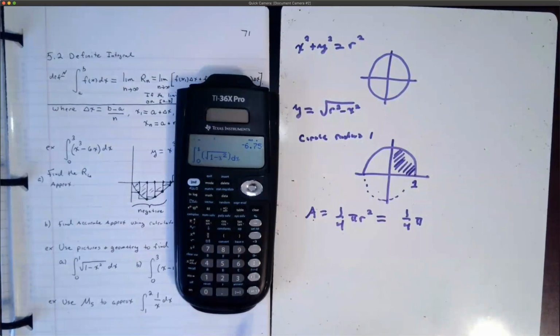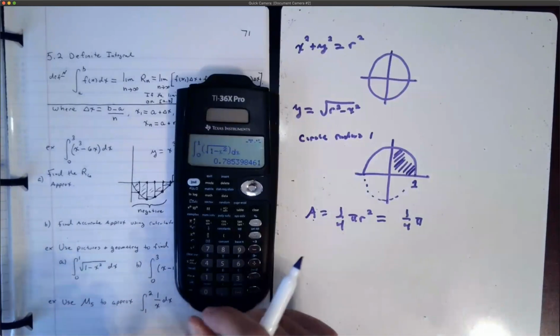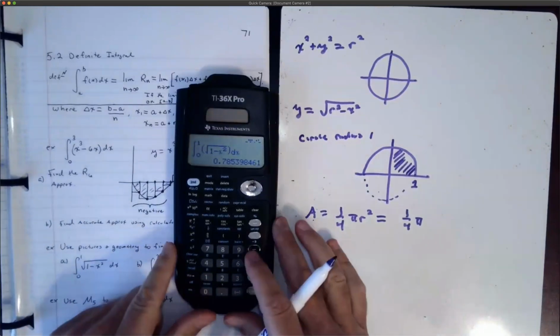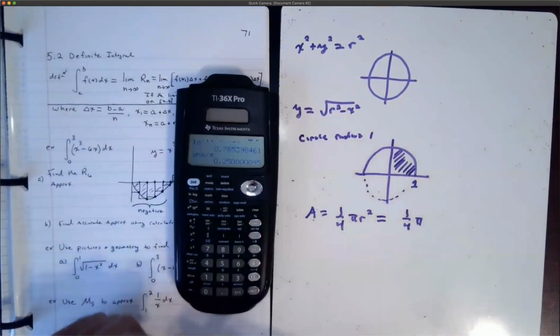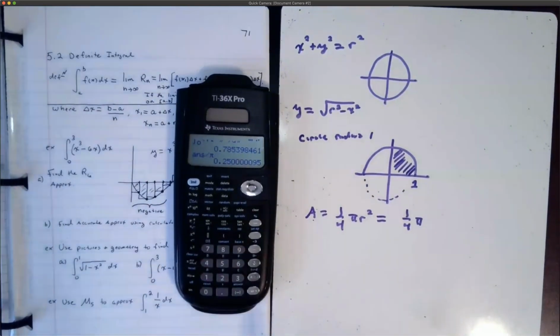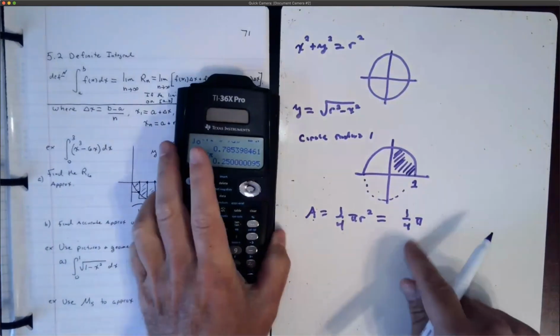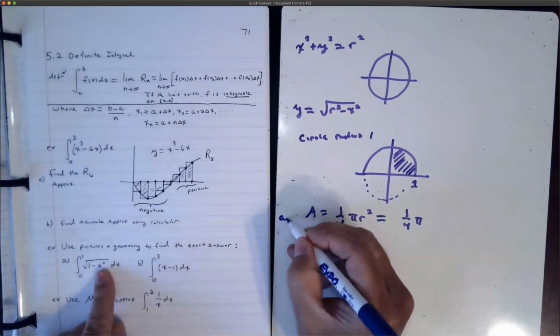There are different methods, but it might be finding the area of millions and millions of little rectangles or something similar to that. If we don't recognize there's a pi in there, just divide out by pi. And as you can see, pretty close up to eight or so decimal places. So pi over 4 would be the exact answer. All right, that's the answer for part A, pi over 4.